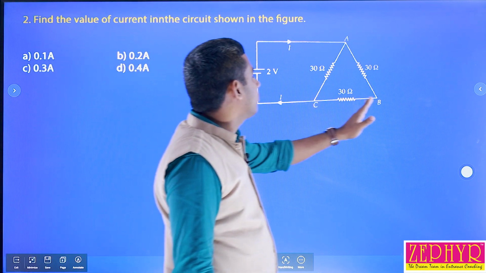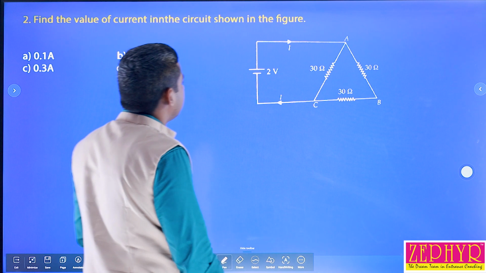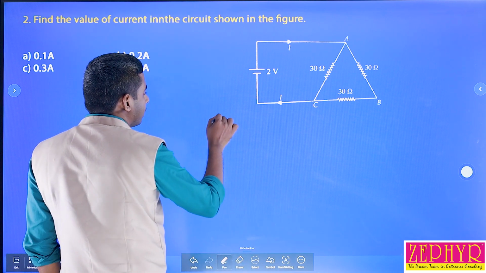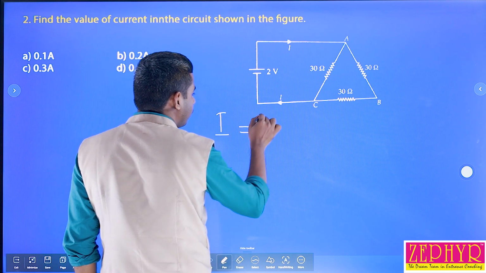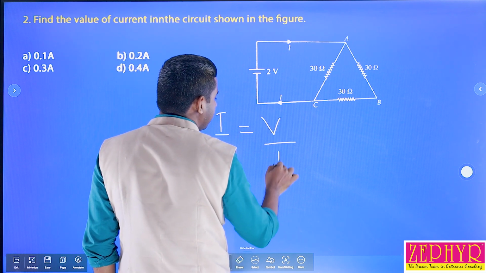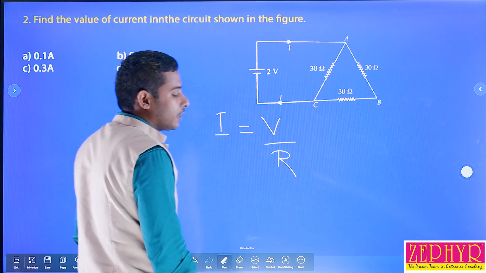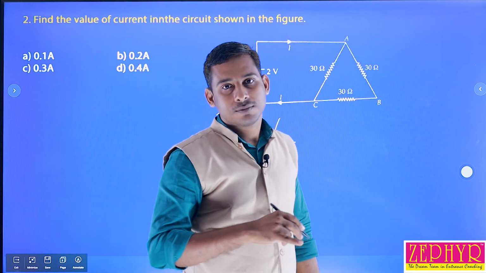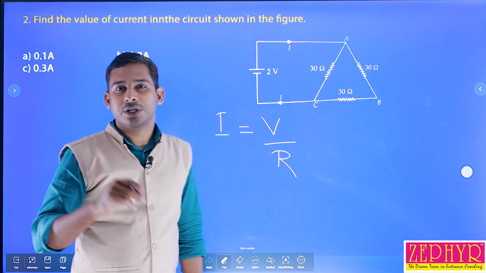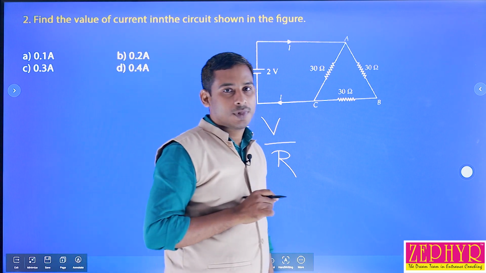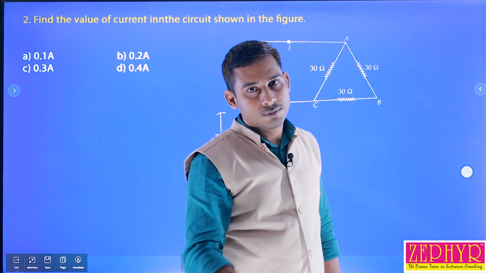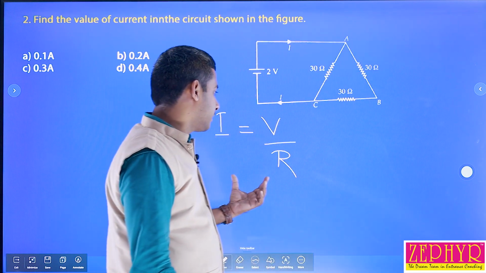One circuit diagram also they gave. Dear students, the current equation in terms of Ohm's law, we can say I equal to V by R, where V is the potential difference, the unit is volt, R is the resistance, the unit is ohm, I is the current.